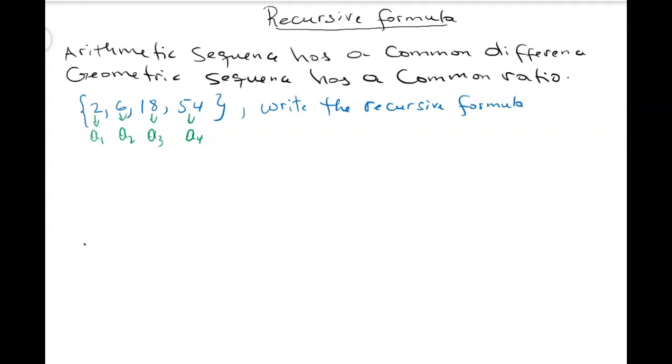So let's check to see if it is a geometric sequence. To check if it is a geometric sequence, all you have to do is find the ratio for any 2 consecutive numbers and see if it's going to be the same throughout the sequence. 6 divided by 2 is 3.